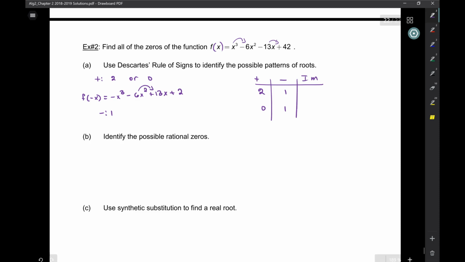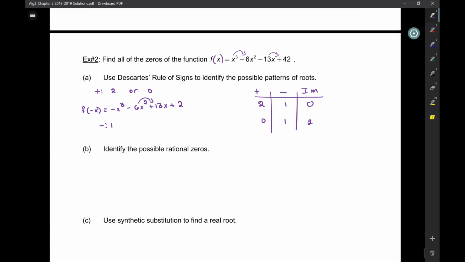How many imaginary here? 0, and 2. What does this tell us? This function only has one negative 0, and then it could have either 2 positives or no positives.